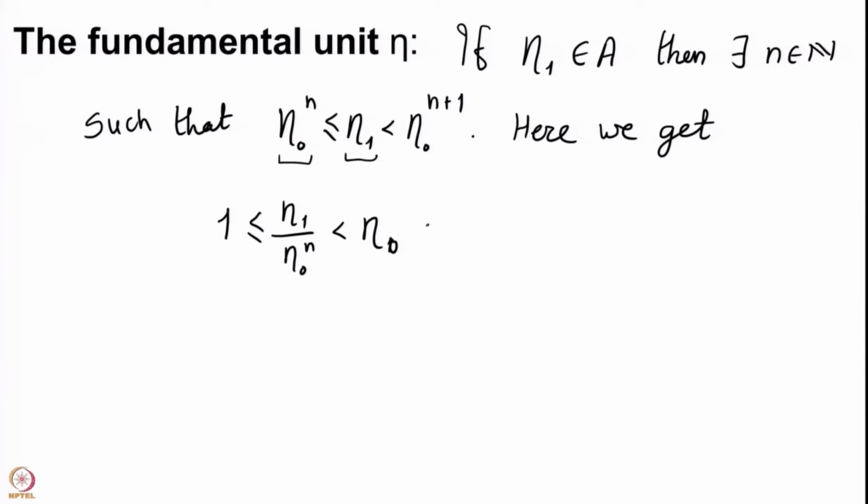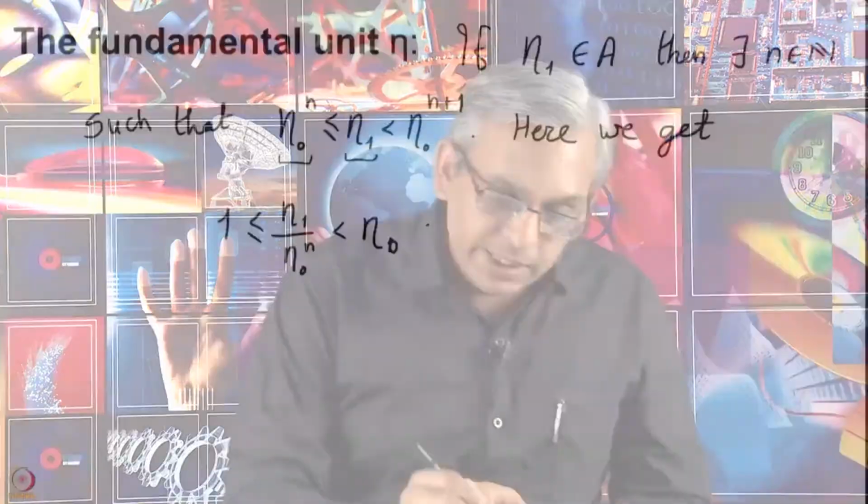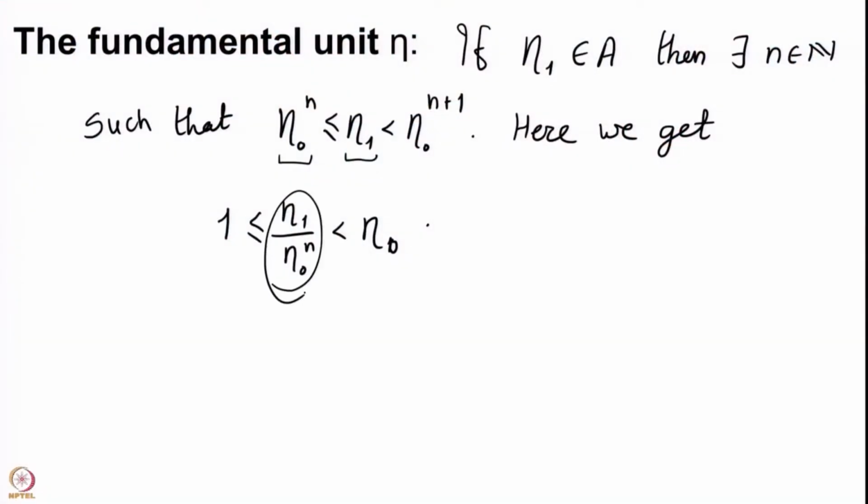Remember eta 1 is a unit, and all powers of eta naught are units, so this is definitely a unit, and this unit is now sandwiched between the number 1 and eta naught.